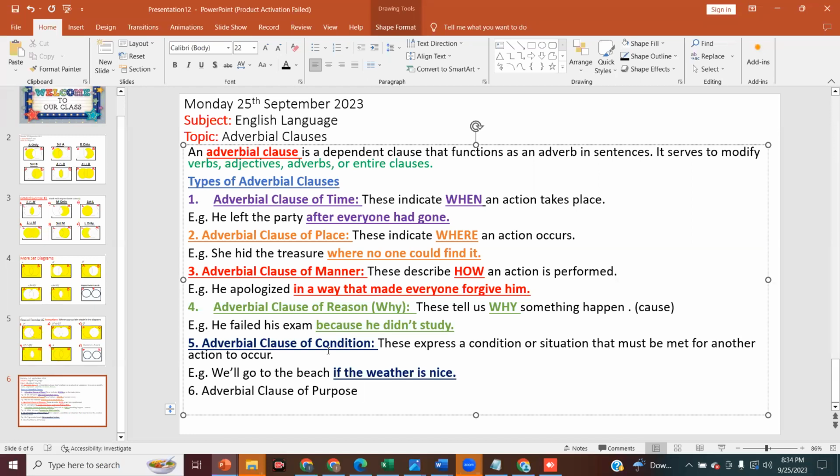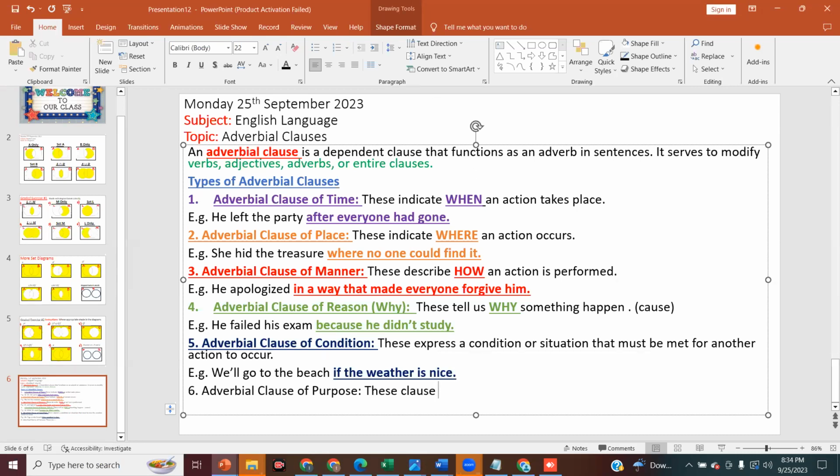For purpose, we're asking what is the motivation behind what the person does.